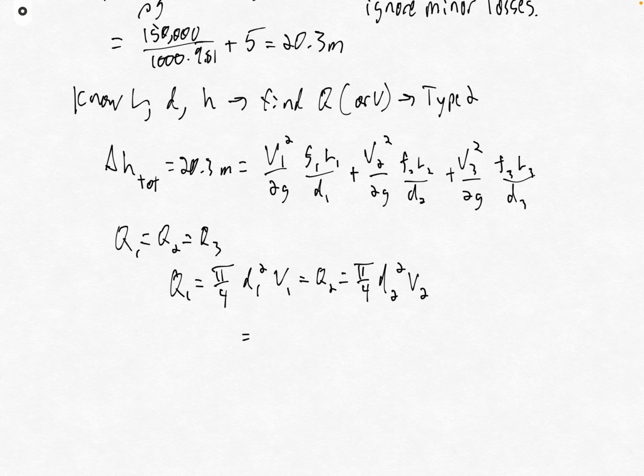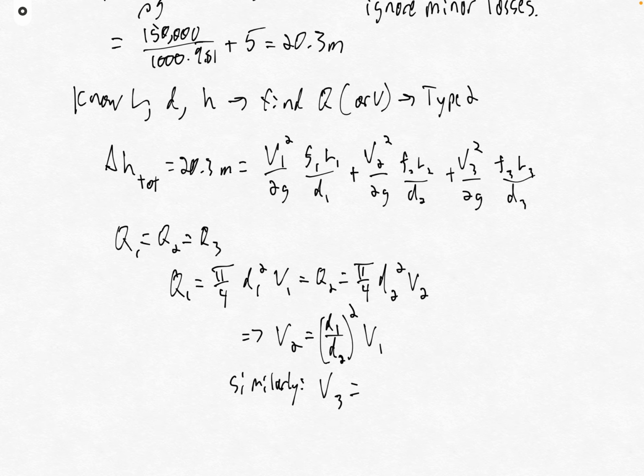So therefore, we know that v2 is equal to (d1 over d2) squared times v1. And similarly, v3 is equal to (d1 over d3) squared times v1.